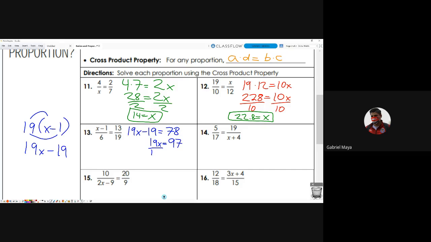Divide both sides by 19. I want to make sure I'm doing this right, because last time I made a very bad basic math error. So 78 plus 19, 97. Okay, and then we divided both sides by 19. 5.1.